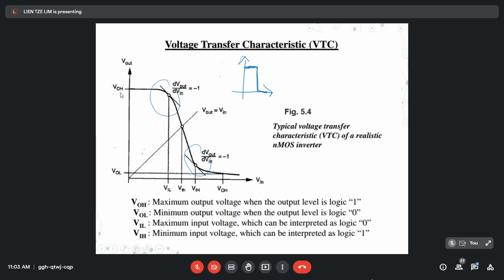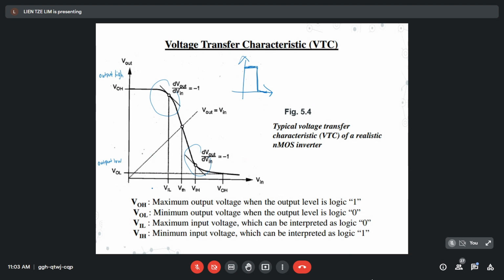There are two output voltage levels here. This is the high output voltage. VOH means output high, or high output level. VOL means output low. This is how we can understand the graph.